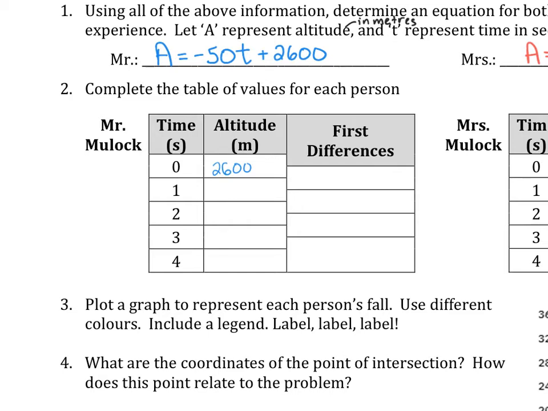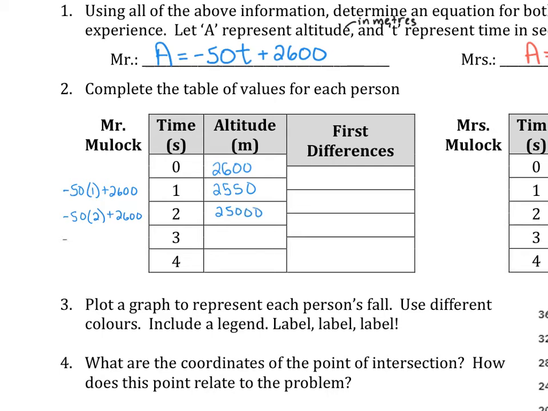So at 1 second, it's negative 50 times 1 plus 2,600. So after 1 second, he's at a height of 2,550. And at 2 seconds, it's negative 50 times 2 plus 2,600. So that would be 2,500.